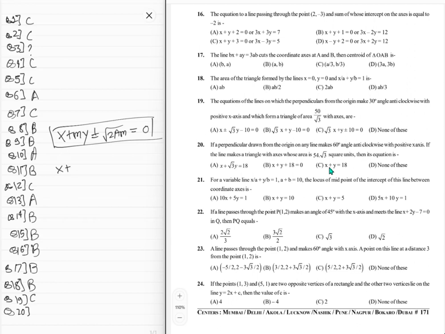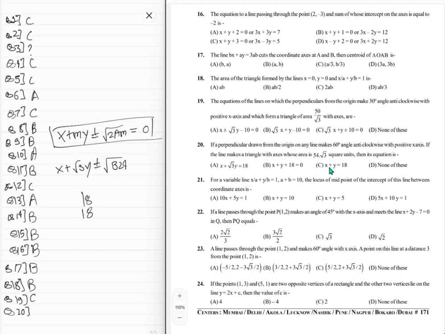So it's x plus square root 3 y plus minus the square root of 2 into the area, 54 square root 3, times square root 3. So this is 6 into 54, which is 324. 324 is like 18 squared, isn't it?